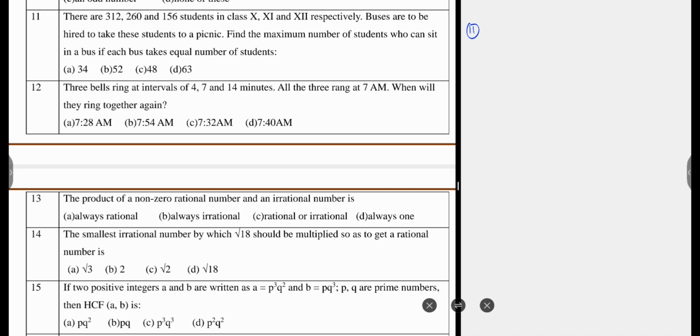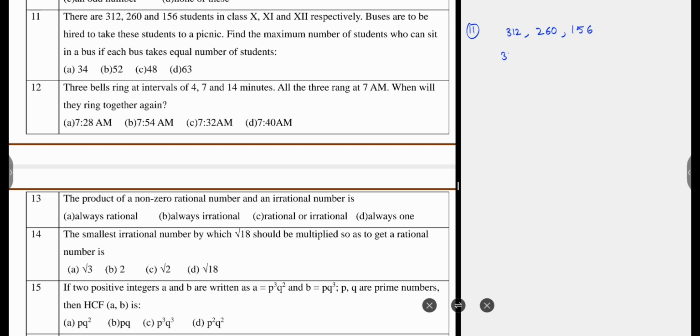Find the maximum number of students who can sit in each bus if each bus takes an equal number of students. Then again, maximum number of students from 312, 260 and 156. As I already mentioned, whenever you want the maximum number or greatest number that divides the given numbers, we need to find the HCF.